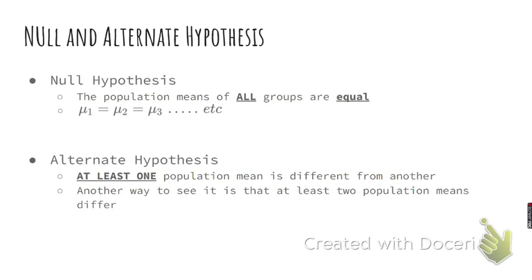But the null is that all groups, the means are equal. The alternate is the one that's a little weird. It's at least 1 is different. Not that they're all 3 different. So it's not mean 1 not equal mean 2 not equal mean 3. It's not that all of them are different from each other. It's that at least 1 is different from the others. Okay?